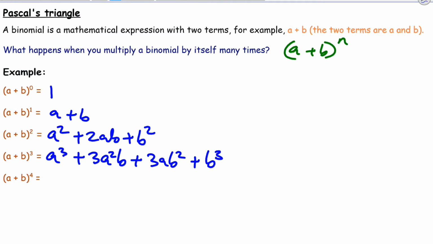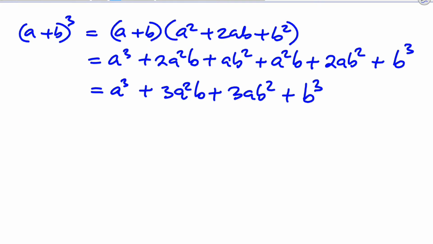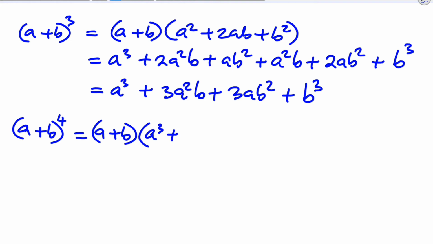How about (a + b) to the power of 4? (a + b)^4 will be equal to (a + b) multiplied by (a + b) cubed. So (a + b) multiplied by the result we have above, which is a³ + 3a²b + 3ab² + b³.